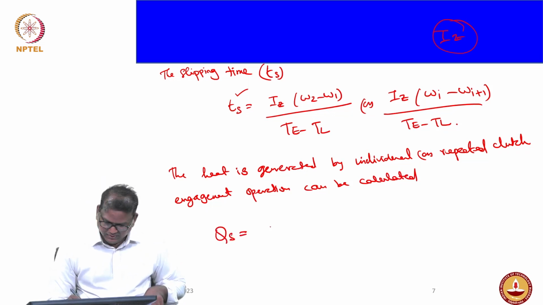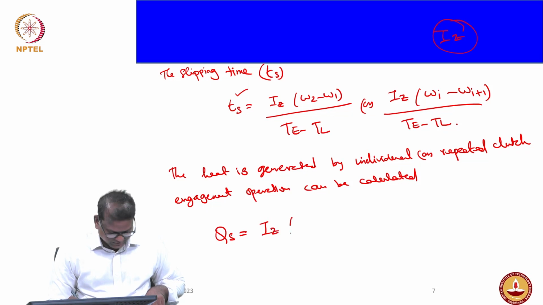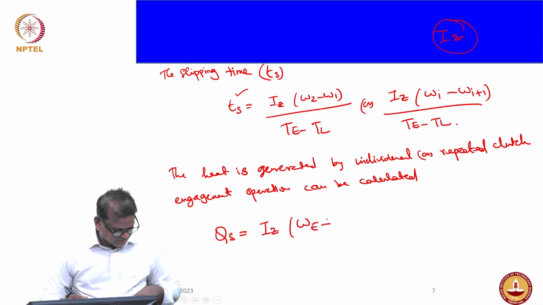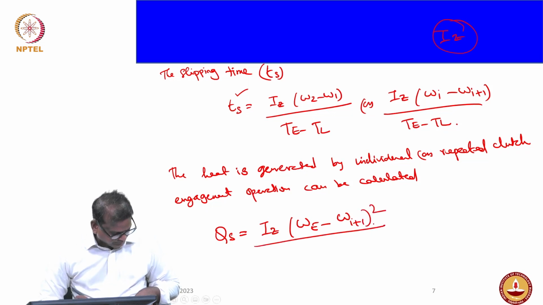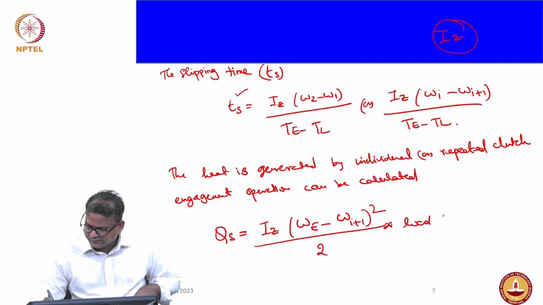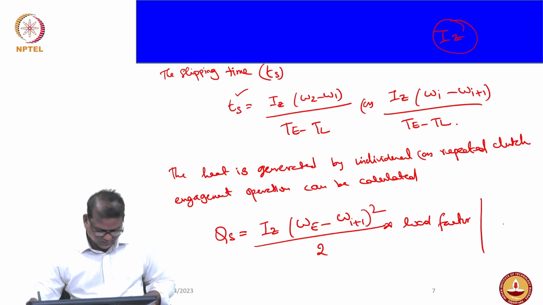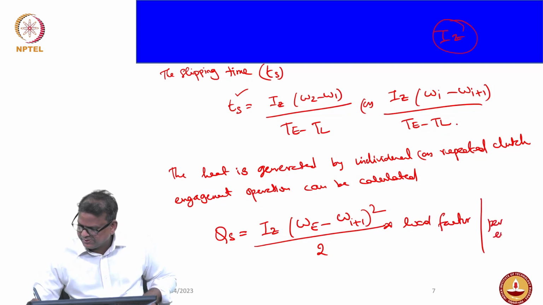Similarly, I is it, omega engine speed, and then the corresponding change in velocity, the whole square, divided by 2 with respect to load factor. This is everything that happens per engagement. We are talking about per engagement.